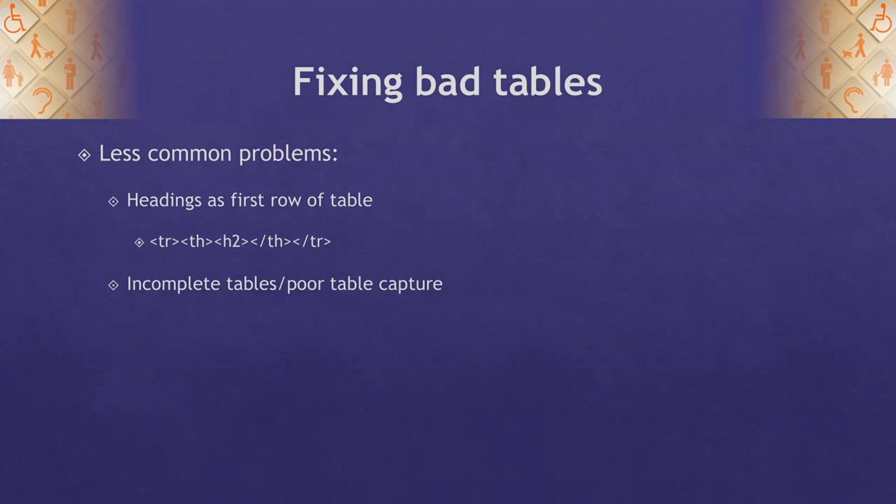The other problem, and this is what we're going to look at a bit today, are incomplete tables or just a really poor table capture. And this can happen for a variety of reasons, and I don't know what the reasons are because I didn't make the tables.